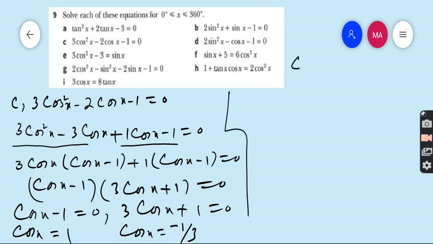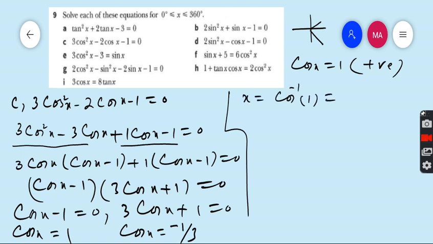Taking both equations one by one, cos x is equal to 1, cos is positive in the first and in the fourth quadrant. Okay, so x is equal to cos inverse 1, and you know cos inverse 1 is at 0 degrees because cos 0 is 1, and at 360 degrees.